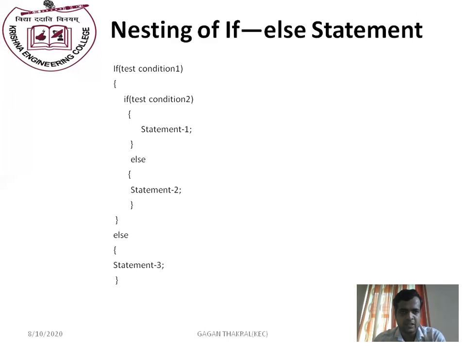This else belongs to the initial if statement, and it will print statement 3. If condition 1 is true, then it will check condition 2. Otherwise, if condition 1 is false, it will directly go to the else and statement 3. So this is known as nesting of if-else statements.